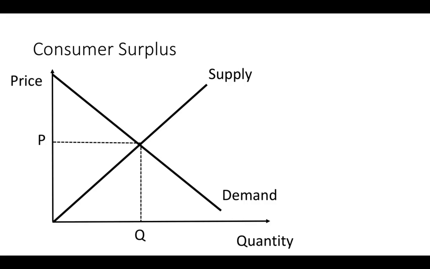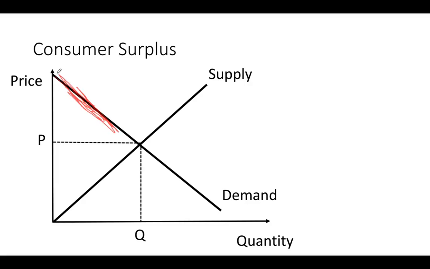So first we will try to draw in and see what consumer surplus looks like. If you remember, consumer surplus is a measure of the benefits to the buyers, consumers. So remember, the demand curve represents the value that we place on getting a unit of the good. So it's the willingness to pay.